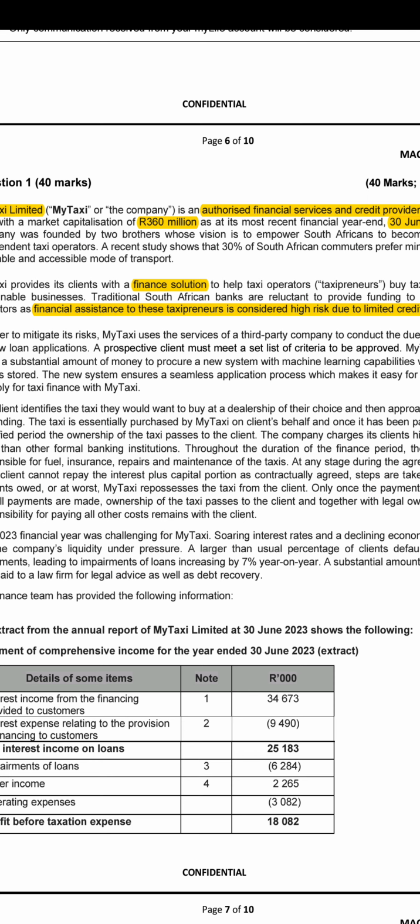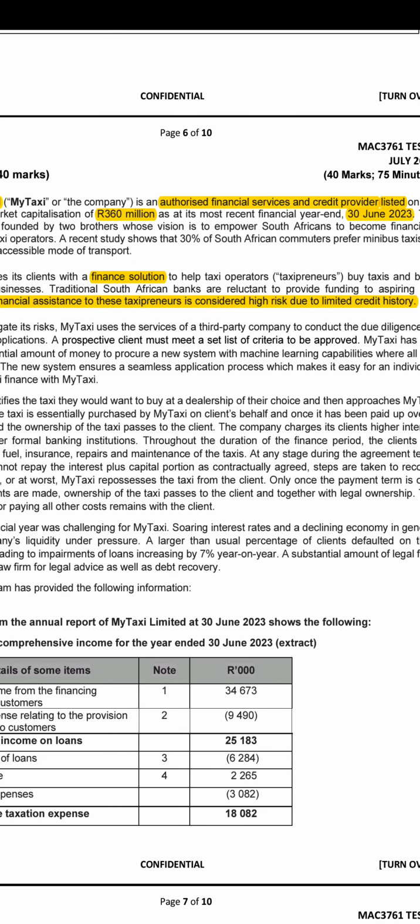Maybe there isn't even a credit history at all, right? So that's obviously a threat to us, because these brothers, despite this, are going ahead and still providing financing to these taxipreneurs.